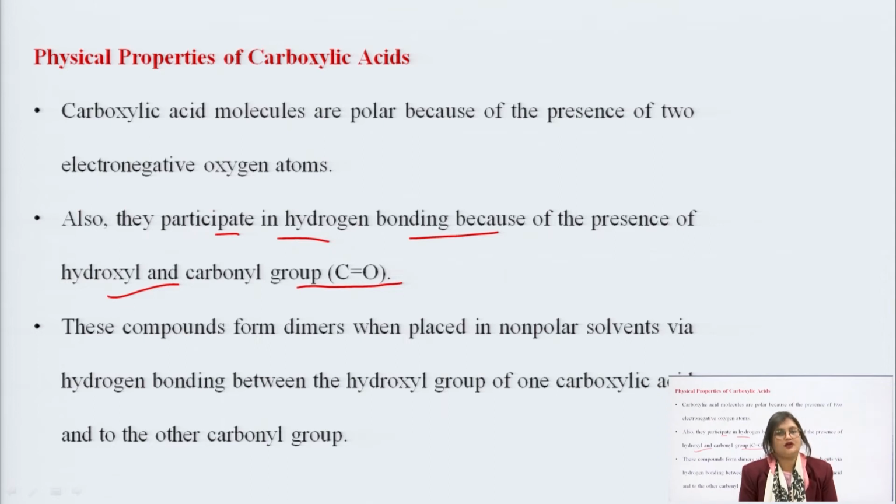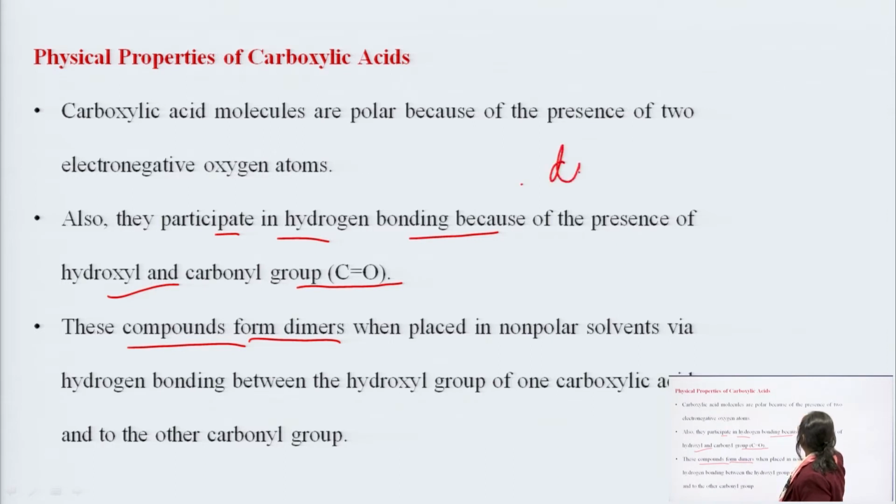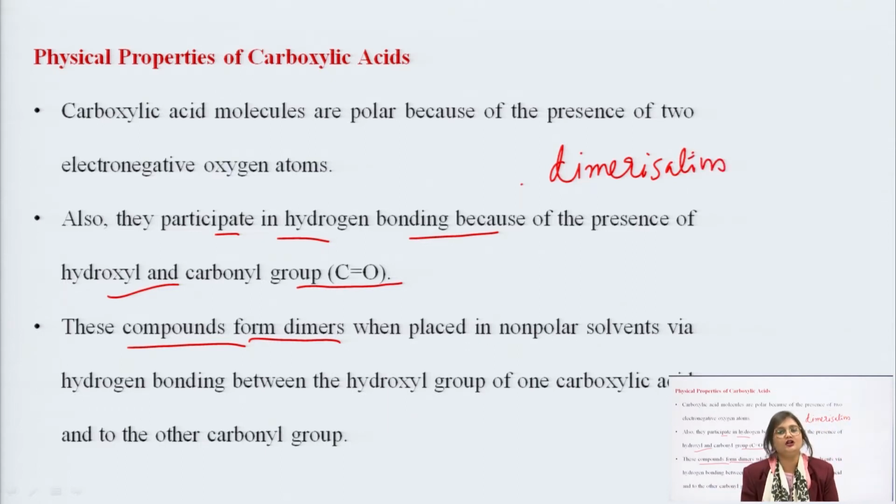These compounds form dimers when placed in non-polar solvents. When carboxylic acids are dissolved or placed in non-polar solvents, a phenomenon called dimerization takes place. What is meant by dimerization?